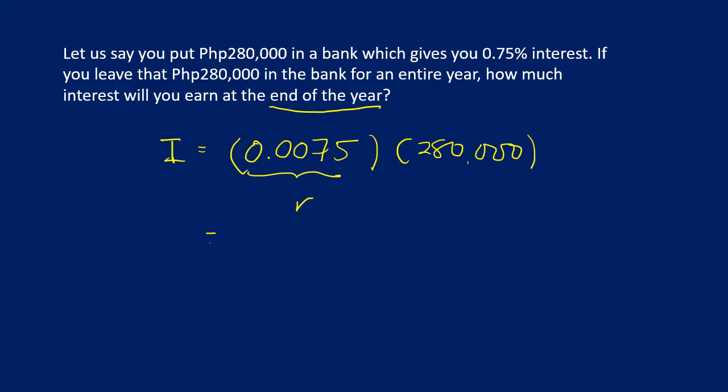Correct? And our calculator will give us 280,000 times 0.0075. We get 2,100. Okay.